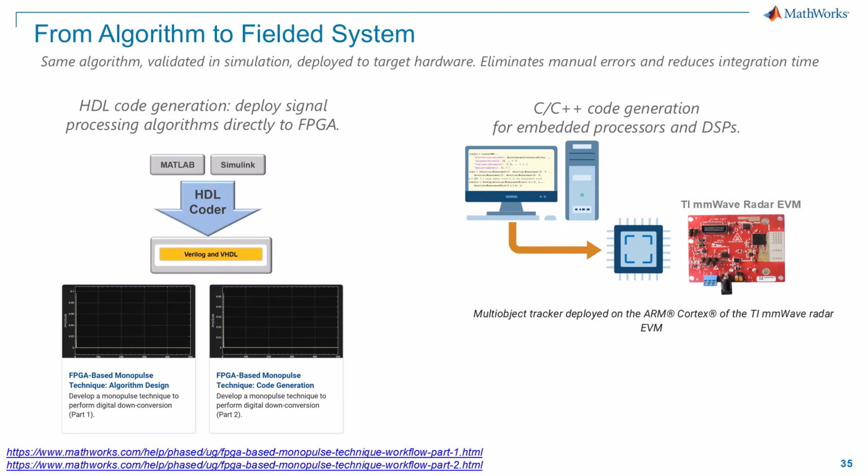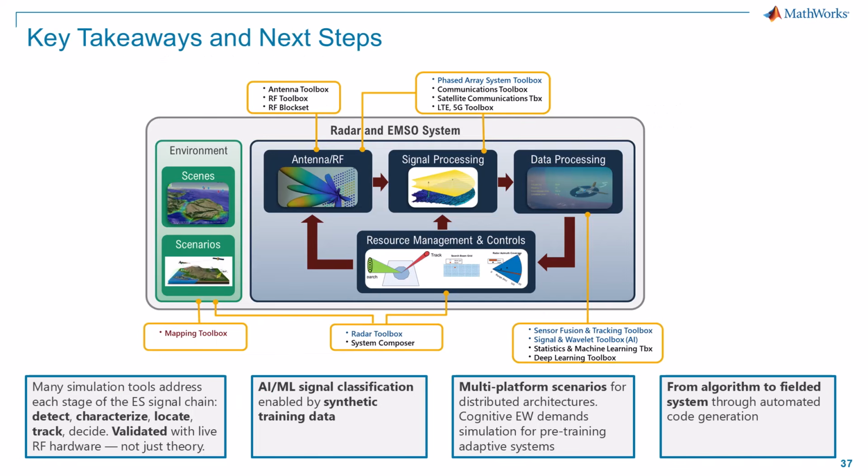Eliminate the transition errors that inevitably occur when one team designs algorithms in MATLAB and a different team hand codes VHDL or C for hardware. The algorithm you validated in simulation is byte for byte the algorithm you deploy, and you can run bit-true verification in simulation against the generated code before committing to hardware. That catches fixed point issues and timing violations before they become expensive board spins.